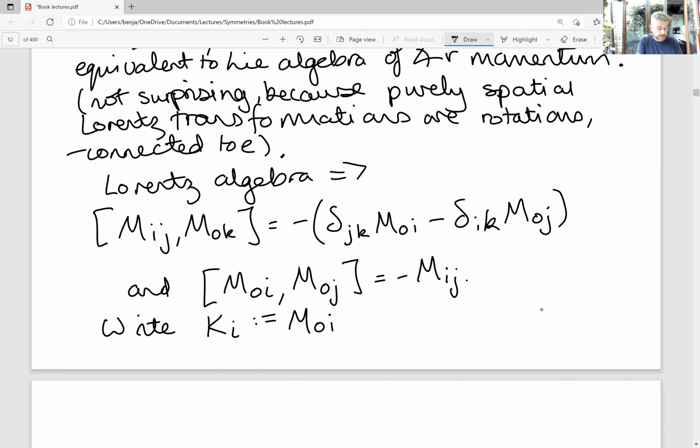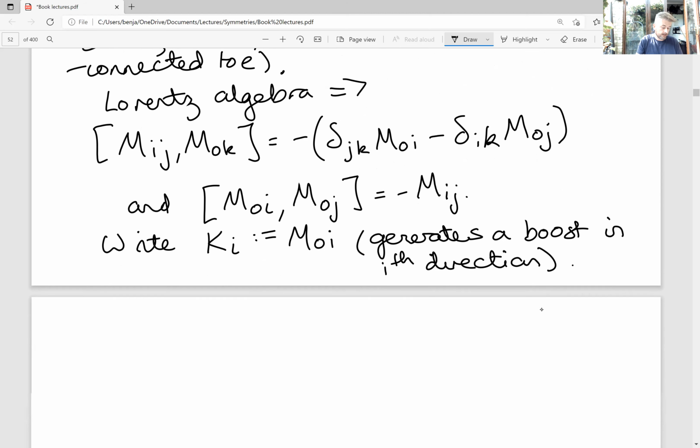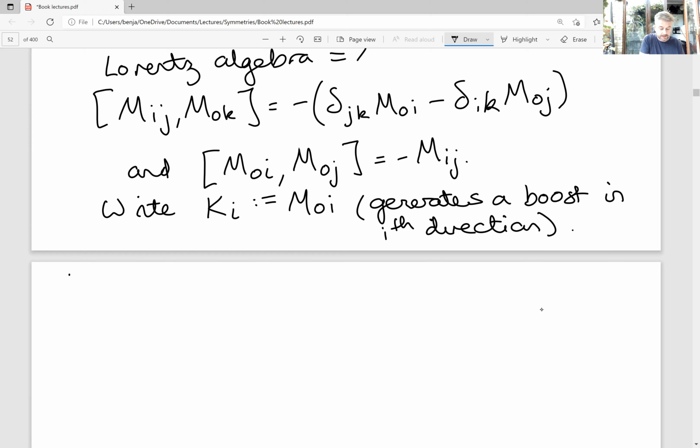So just physically, this generates a Lorentz boost in the ith direction. And these are anti-Hermitian generators.